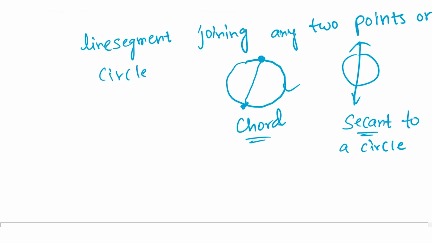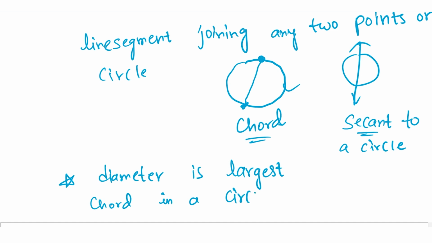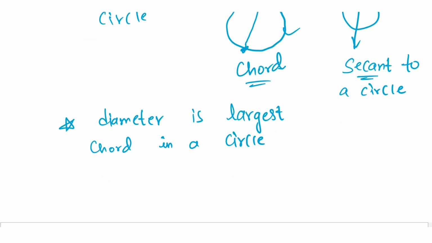So when we talk about diameter, we know that it passes through the center. Diameter in a circle is the largest chord in a circle. So this is a chord, correct? This is also a chord. Let's say the center is here.